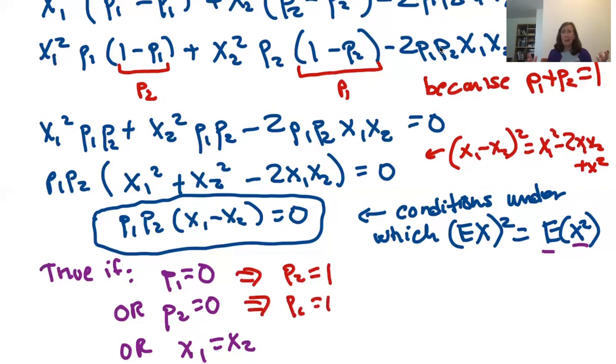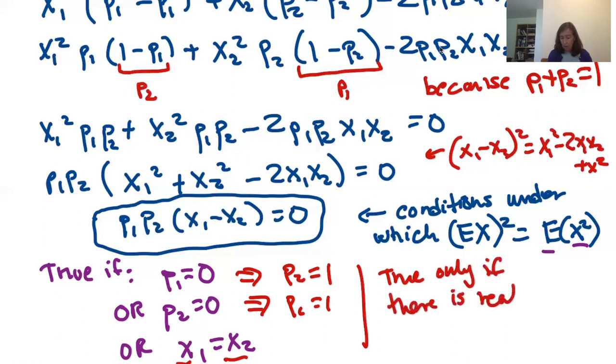There's no uncertainty. We don't need a random variable. This is way too much complication that doesn't get us anywhere. Or if x1 equals x2, again, it doesn't matter. So this is true only if there is no randomness.